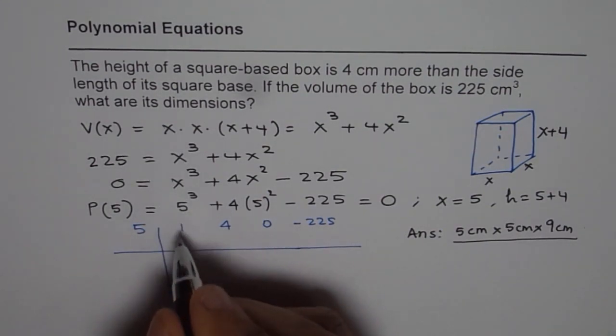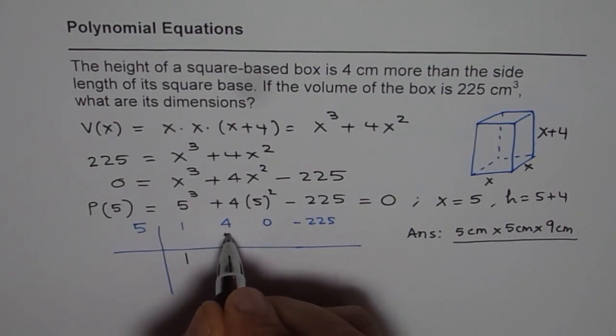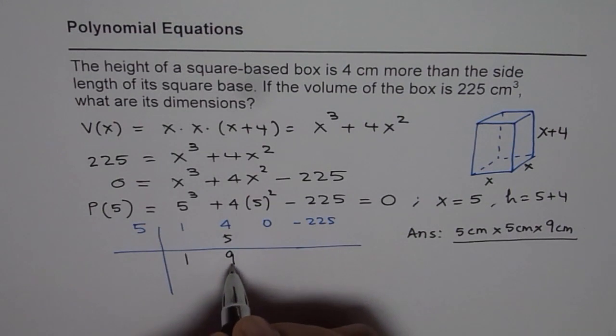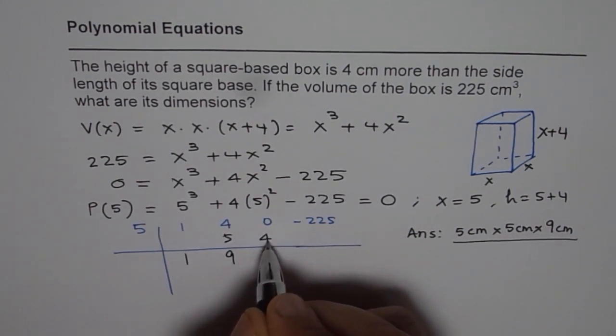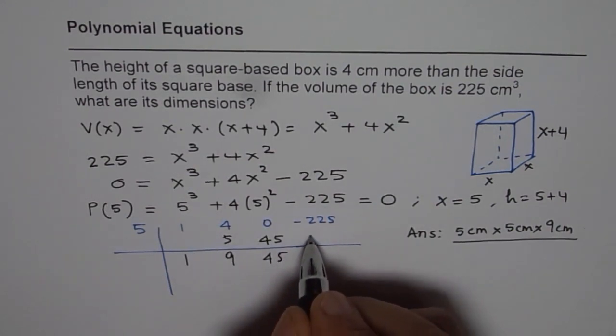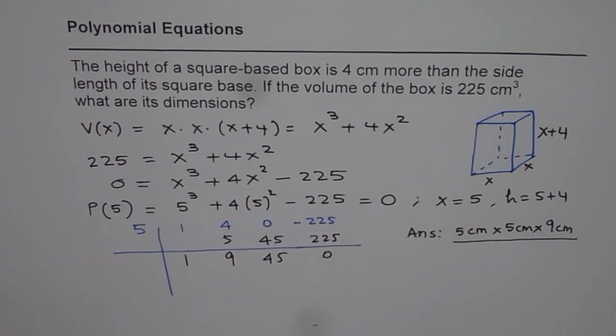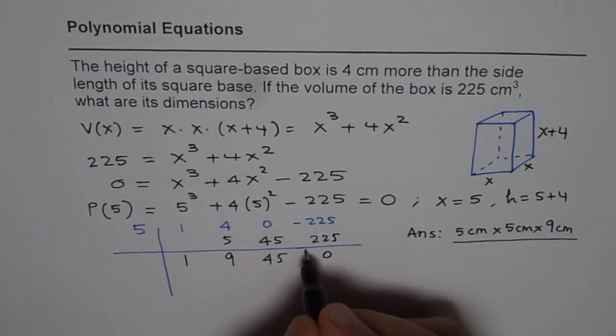What do we get? Bring down 1, multiply by 5. So we get 5. 5 plus 4 is 9. 5 times 9 is 45. Add it up. 45 times 5 is 225. So we indeed get 0 as expected.